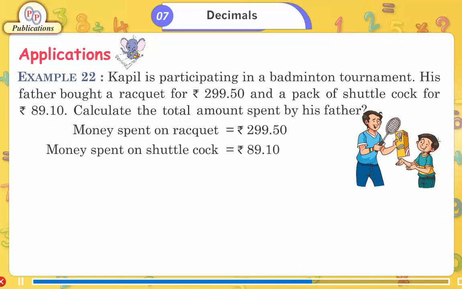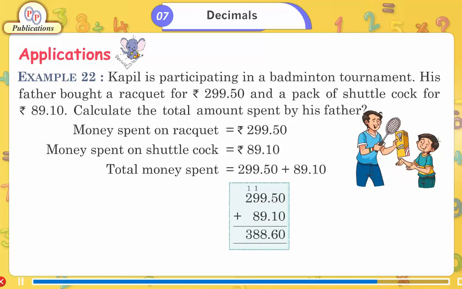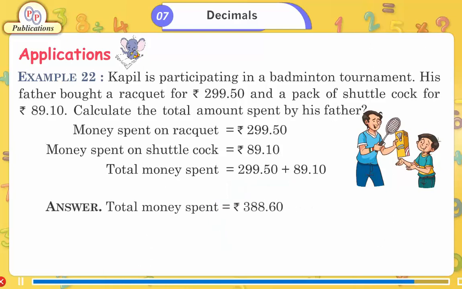Money spent on shuttlecock is rupees 89.10. Total money spent is 299.50 plus 89.10, which is 388.60. Answer. Total money spent is rupees 388.60.